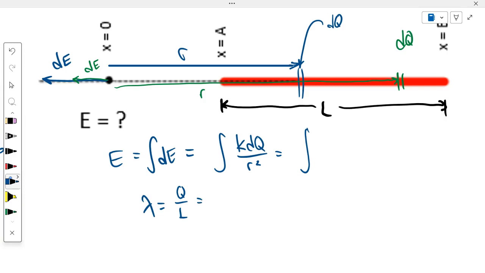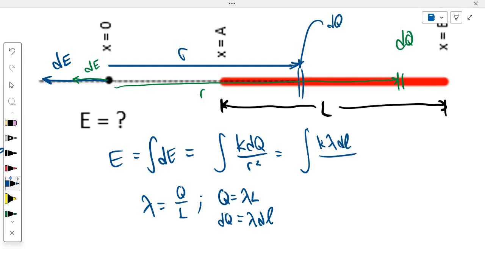Therefore the charge of the whole thing is lambda L, and a little tiny charge depends on that density and dl. So we have k lambda dl over r squared. A dl is a little distance this way.